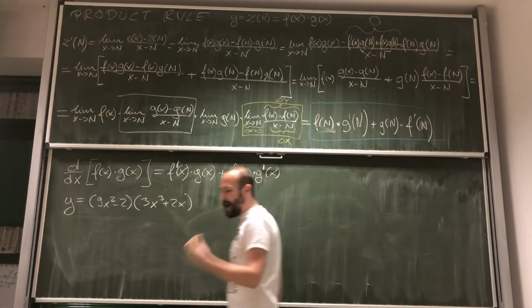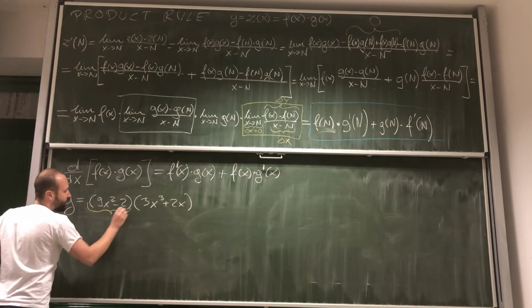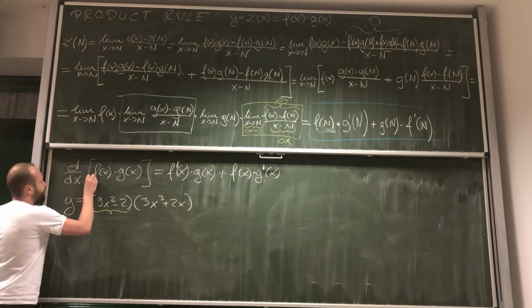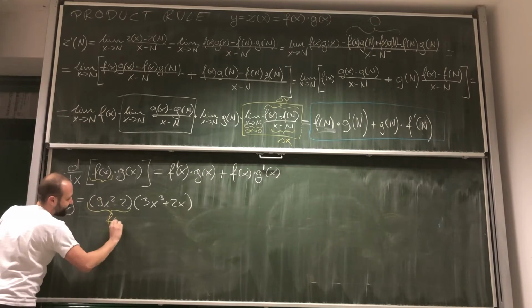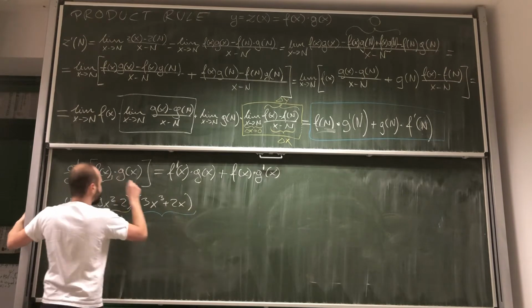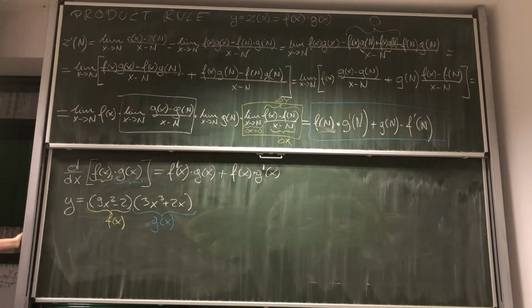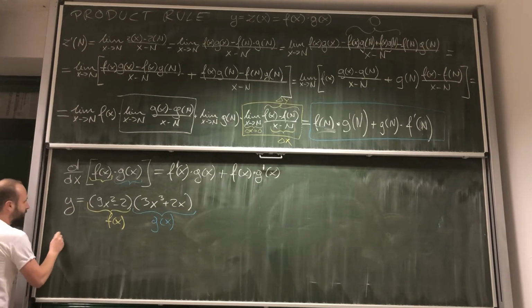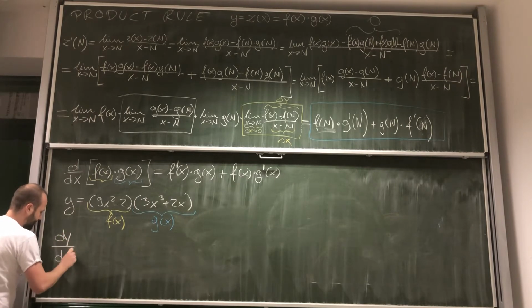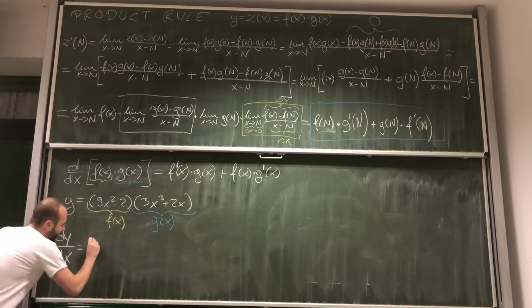You need to imagine for a second that this is a product of two functions: function f of x and the second function g of x. Now all we've got to do is apply this formula. So we get dy dx. First, I calculate the derivative of this function, which is simply 18x.